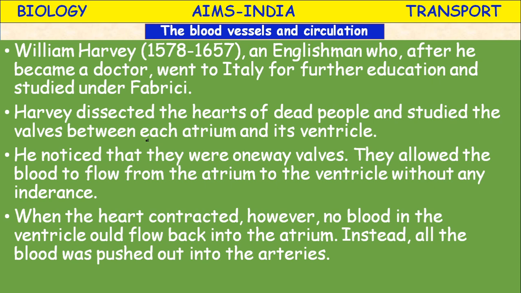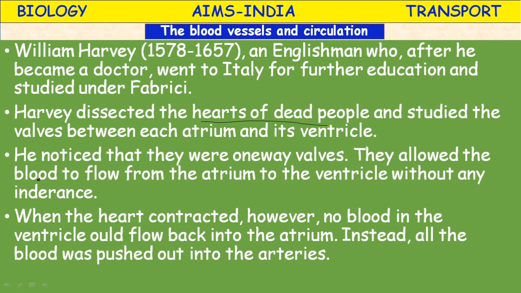Okay, what he has done: William Harvey dissected the hearts of dead human beings and studied the valves between each atrium and the ventricle. Okay, so there are valves present between the auricles and ventricles, and he noticed that they were one-way valves.